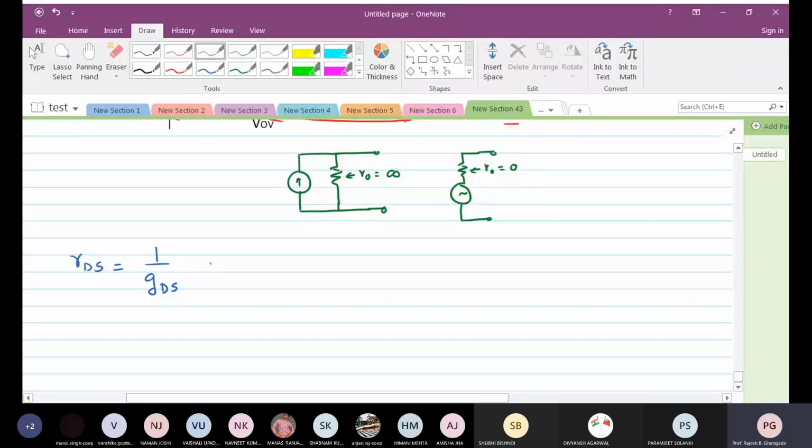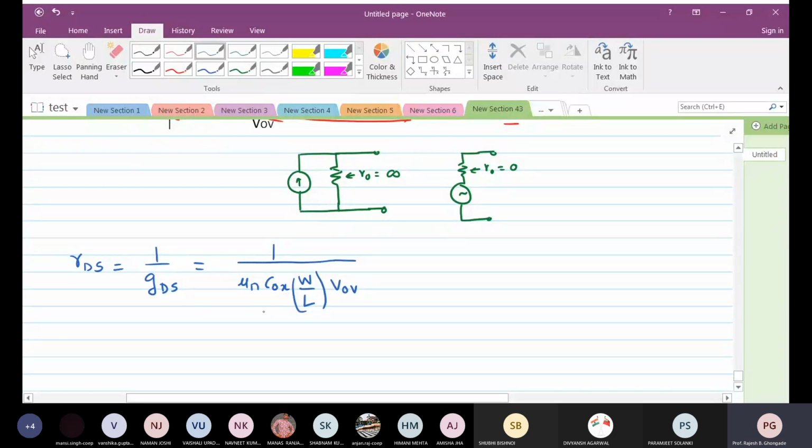GDS is the conductance basically, which is also given as a formula: 1 divided by mu n COX W by L into the overdrive voltage. Now this is very interesting.